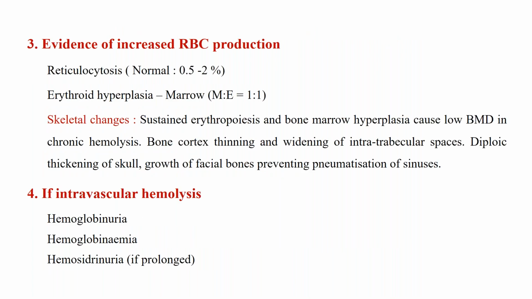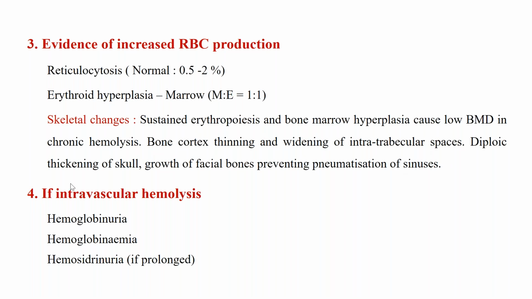Then increased RBC production is mainly seen through reticulocytosis, that is erythroid hyperplasia, and if we go through some special X-rays, we'll see that there is bone marrow hyperplasia, there is excessive erythropoiesis, which leads to bone cortex thinning and widening of the intratrabecular spaces.